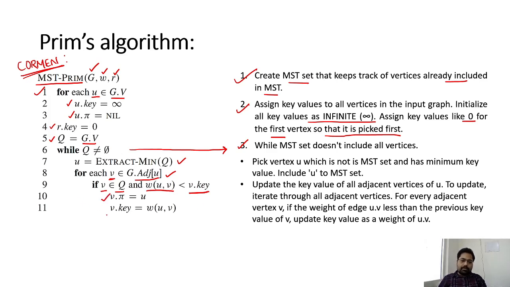Then only we select that one. How? We say the predecessor will be u if we are selecting v, and the key value will be updated as the cost of the edge.